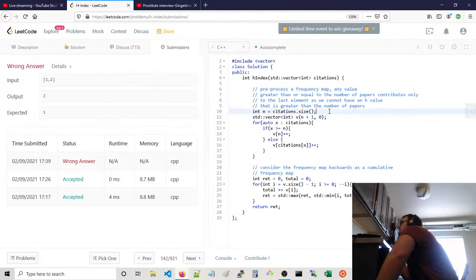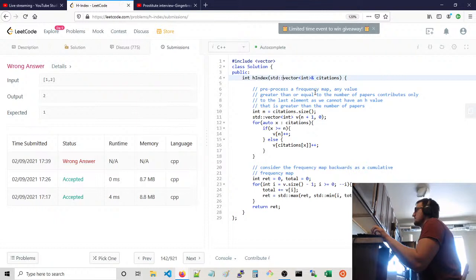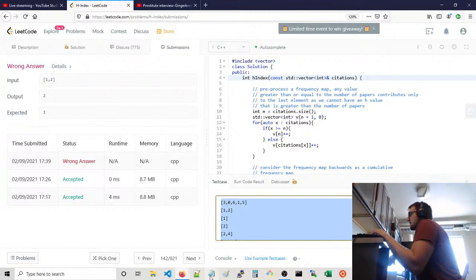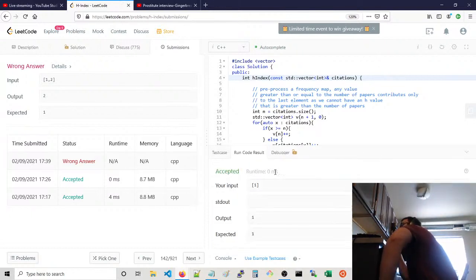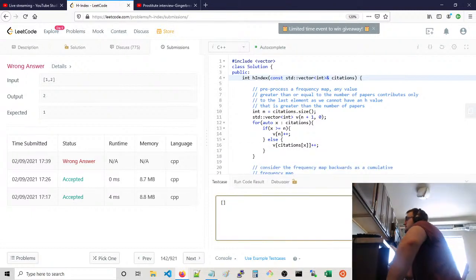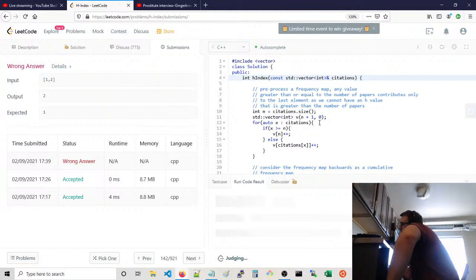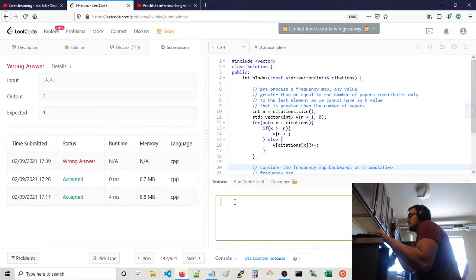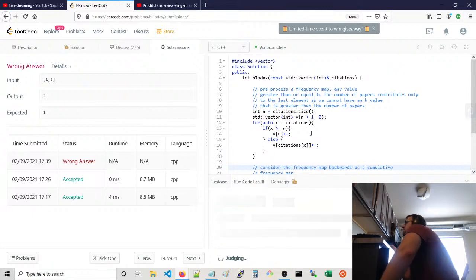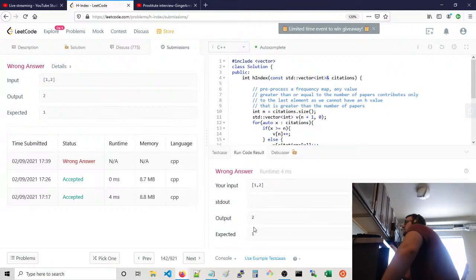Okay. Oh, by the way, this doesn't need to be. First off, let's find the error here. Okay, that one's fine. How about this? That's fine. All right, which one caused the problem? One, two, output two, expected one.